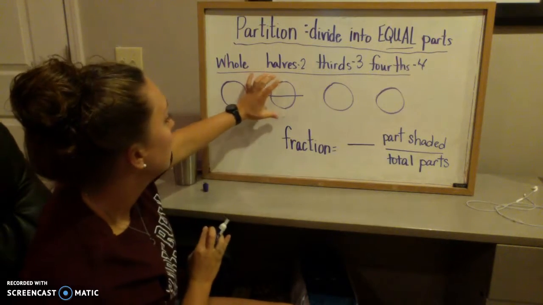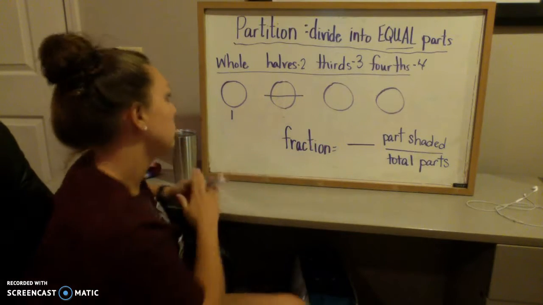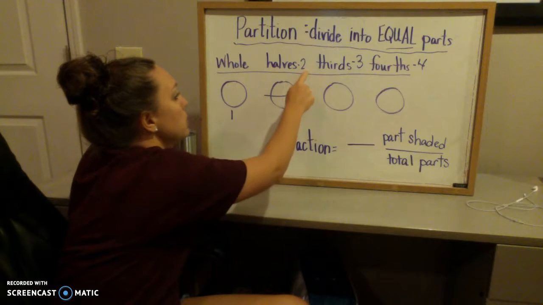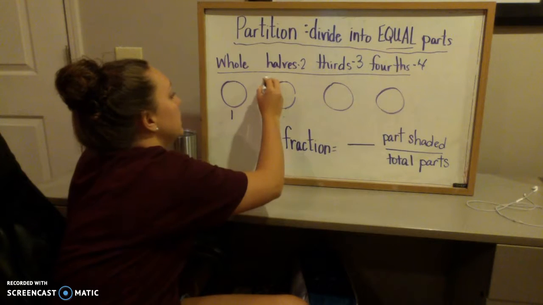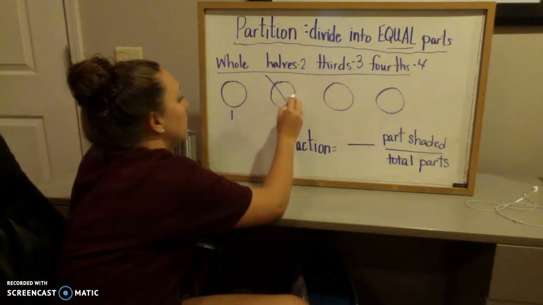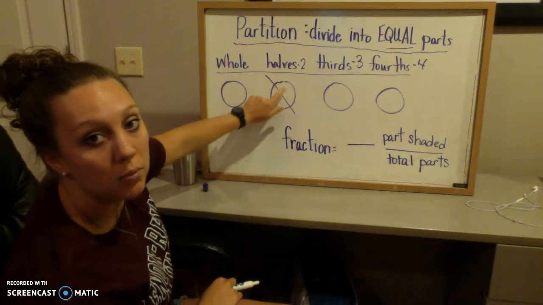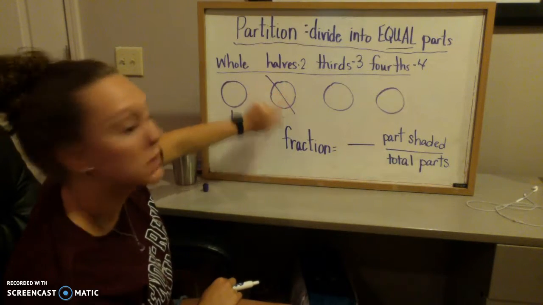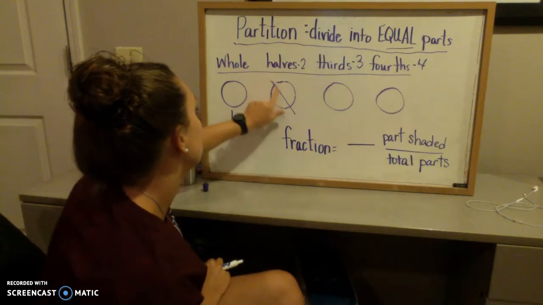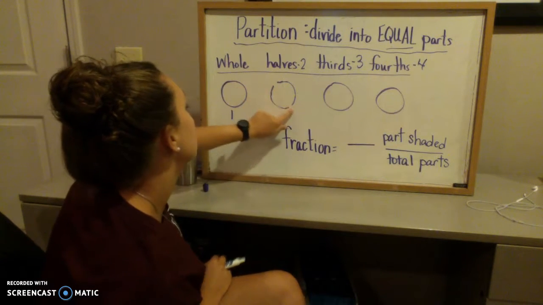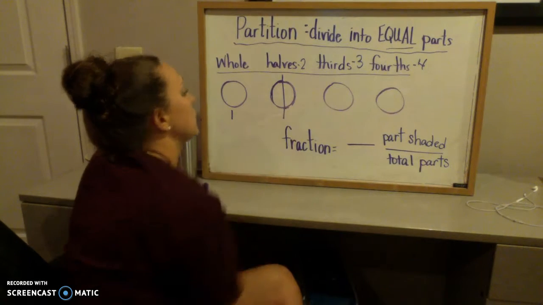Either way, you folded it up and down, the parts would still be equal. There's still 2 parts. Or you could also divide it diagonally. Now be careful when doing this one. My 2 parts are still just as equal as the first 2 times I did it. So I'm just going to do the very basic one and just go straight down the middle.